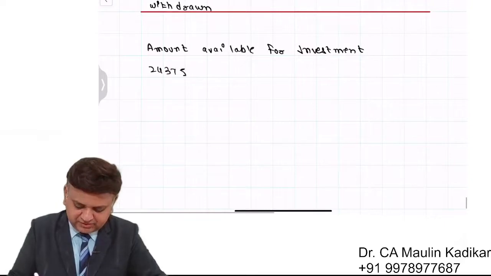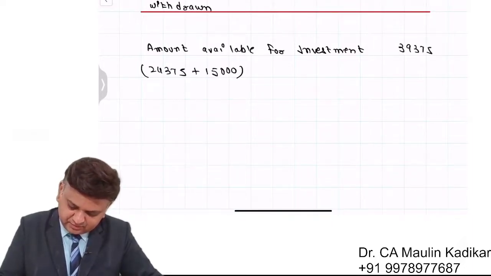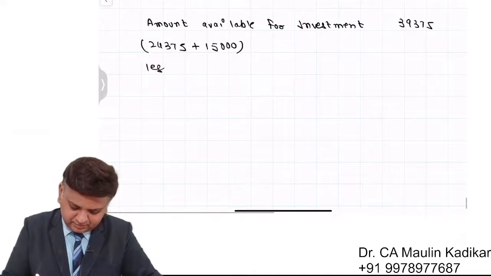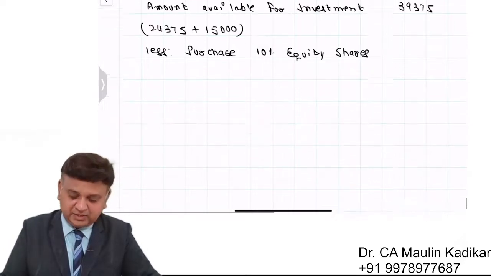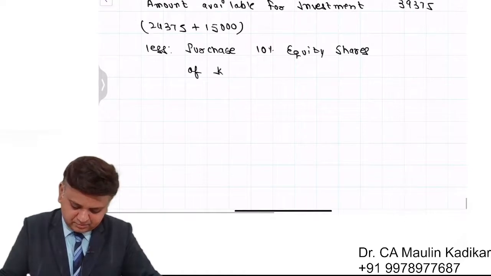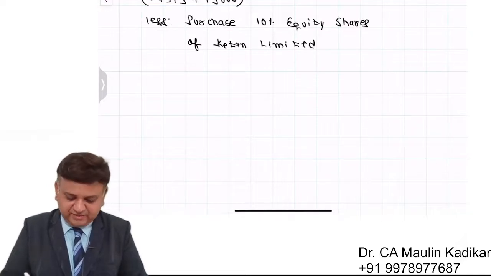It is 24375 plus 15,000. That is 39375, less purchase of 10% equity shares of Ketan Ltd. As far as Ketan Ltd is concerned, its equity share value is 3 lakhs.